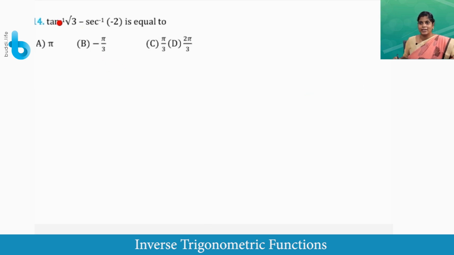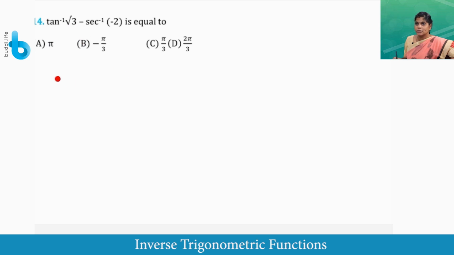Okay, next we'll go for tan inverse of root 3 minus secant inverse of minus root 2. This also we have already solved separately, and you can also solve it. Tan inverse of root 3 we did, which is pi by 3.